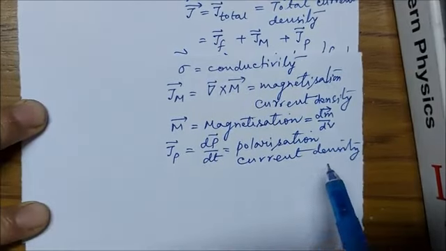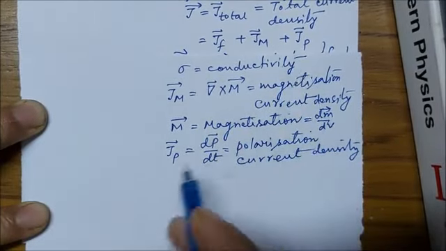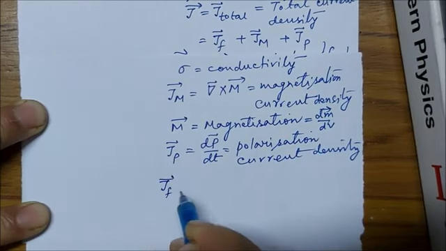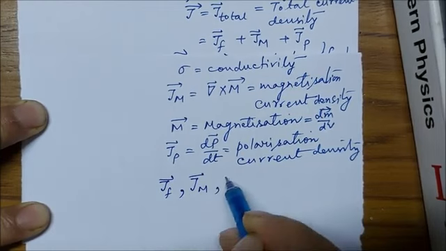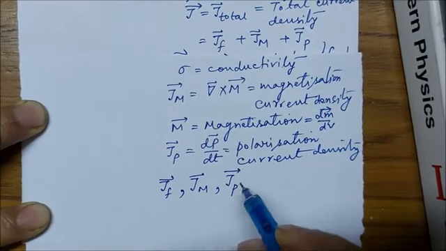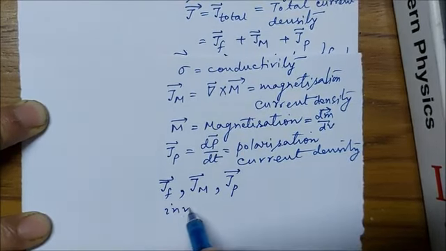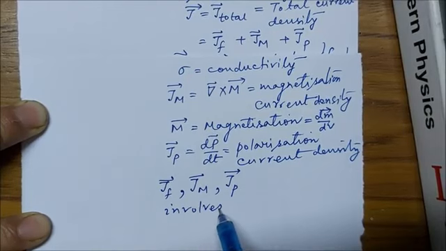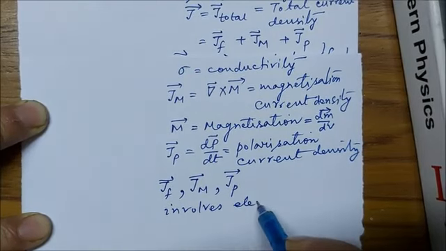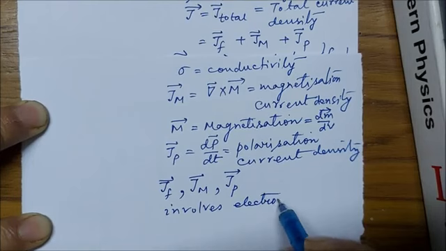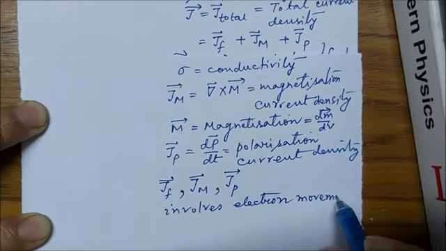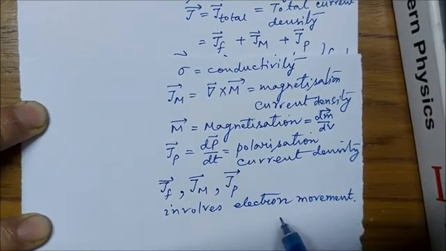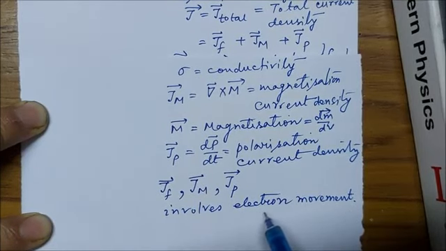And let us mention that all of them, that is vector Jf, vector Jm and vector Jp, involve electron transport or electronic movement, that is physical movement of electron.